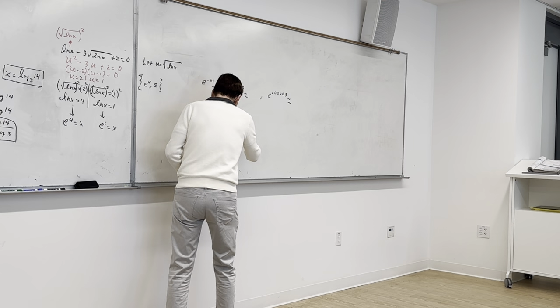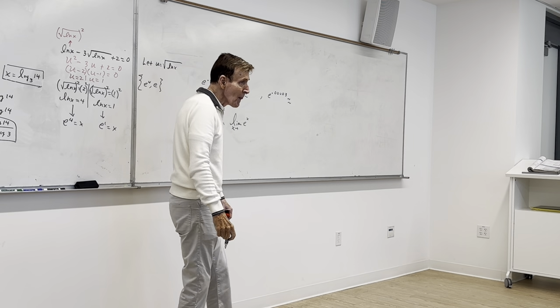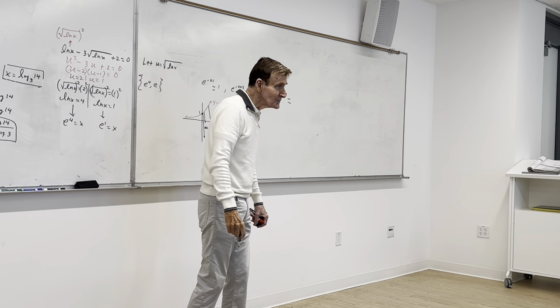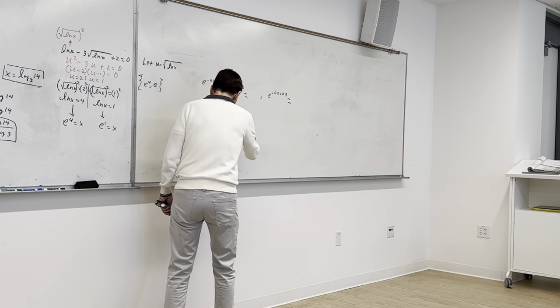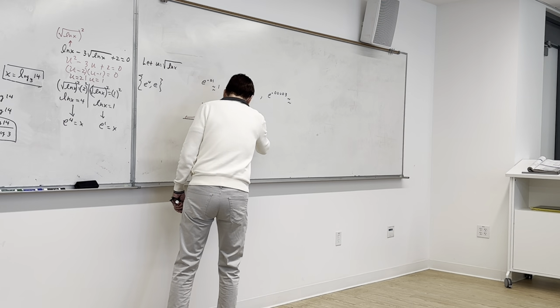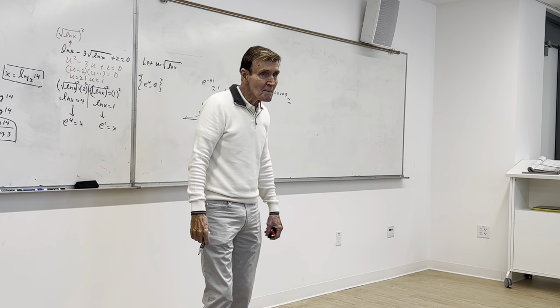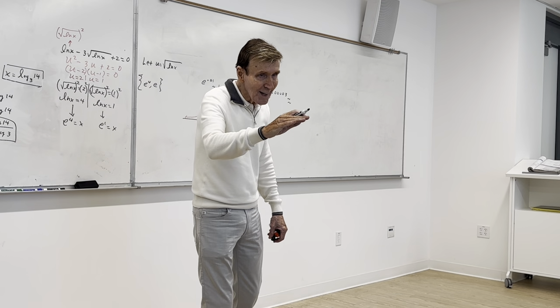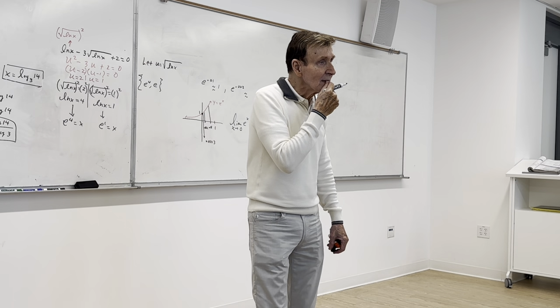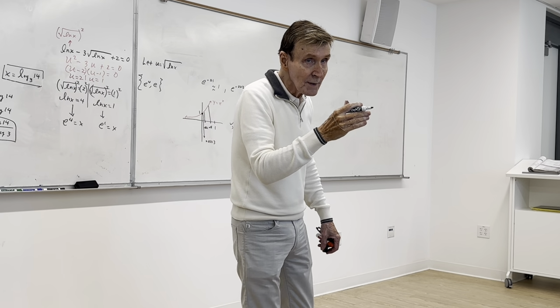What's it approaching, you think? 0. Those points she gave me are approaching 0, and we said that's 1. We don't need a superscript plus. Beautiful. Now, you're approaching 0.